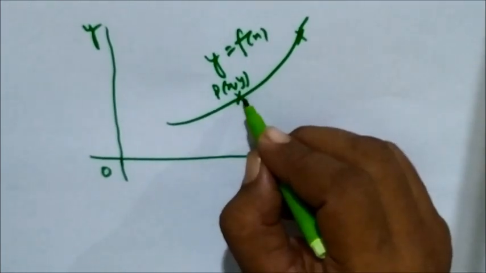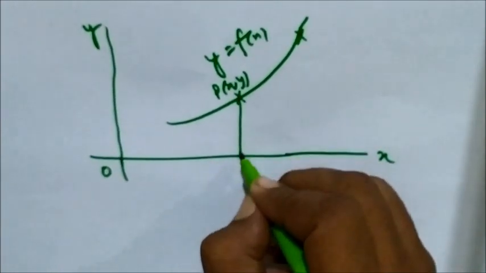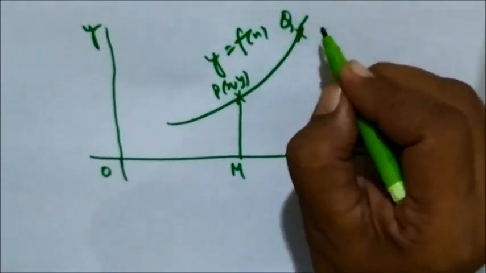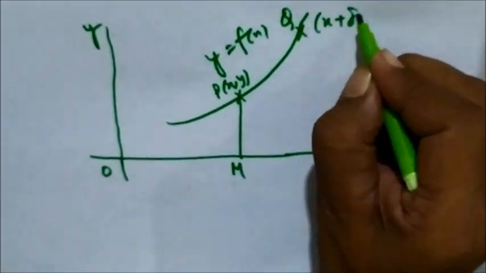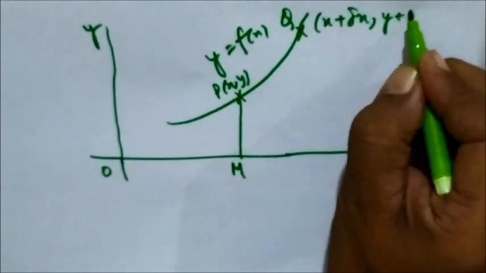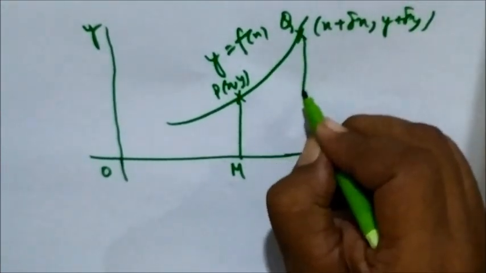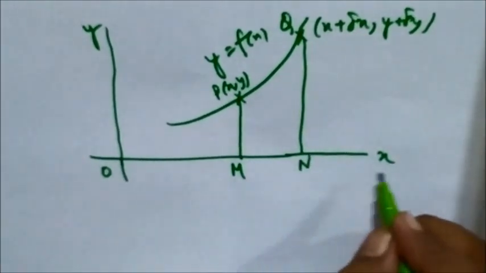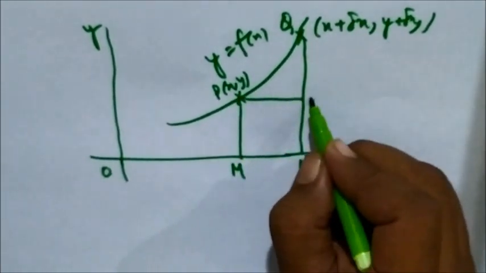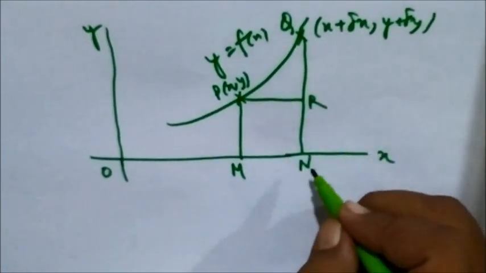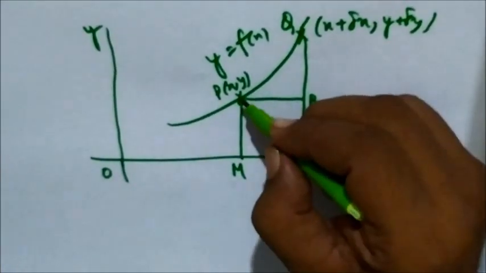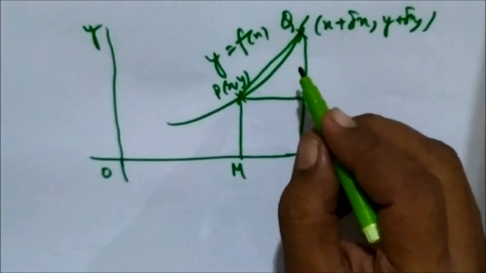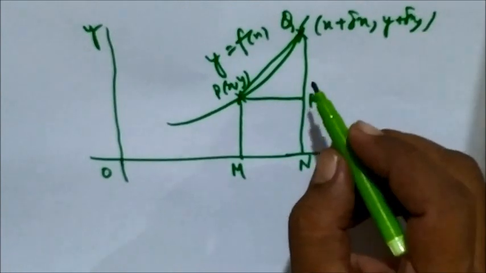Suppose that delta x is positive, then Q becomes the point with coordinates x plus delta x, y plus delta y. Draw perpendiculars PM and QN on the x-axis. PR is perpendicular on QN. Now join PQ. PQ is called an arc of the curve.